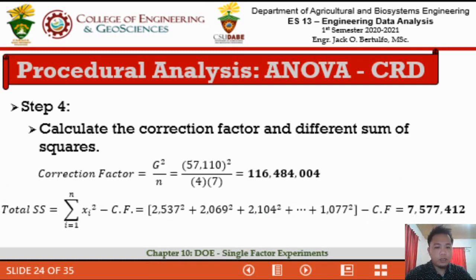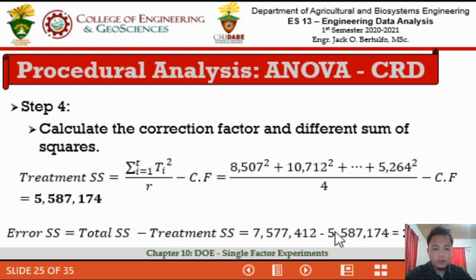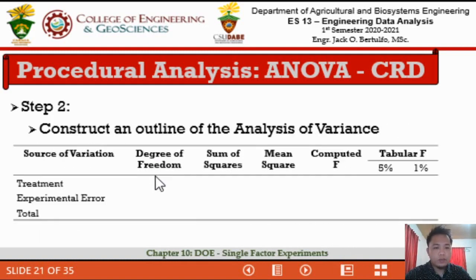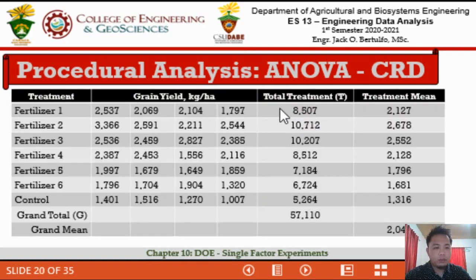The next thing to do is to calculate the treatment SS. So for treatment SS, this is just the sum of the squared of your treatment. Balik ta sa table, mo ni ang atong treatment total. We have for fertilizer 1, fertilizer 2, fertilizer 3, 4, 5, 6, and control.